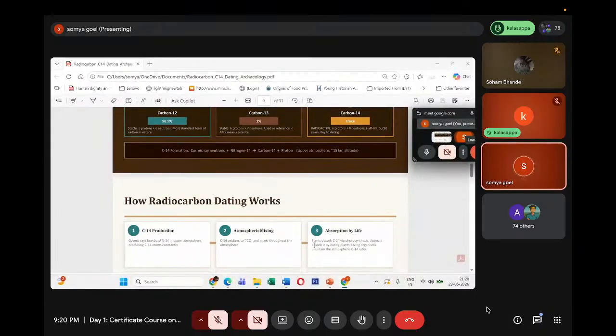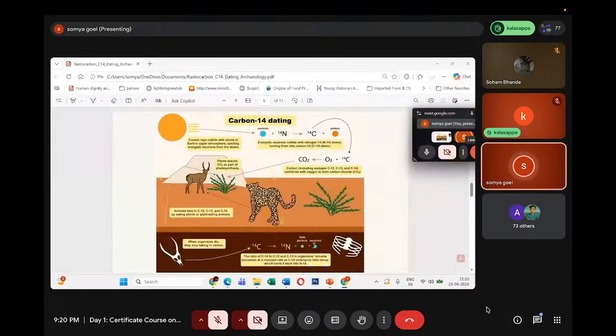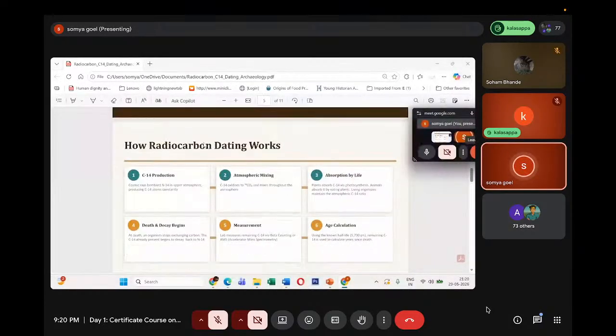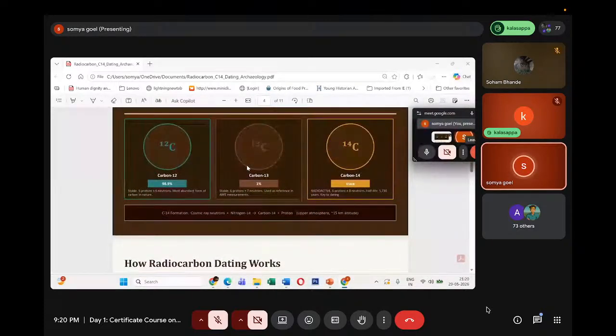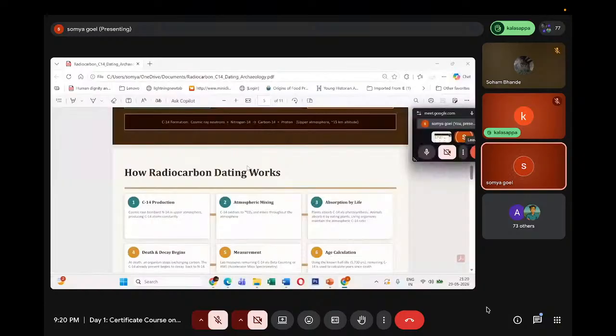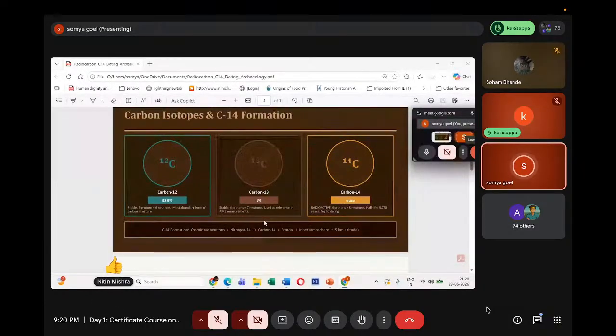So, I have a graph over here. Before that, we'll also talk about the different steps involved in this, just to elaborate a little on what I've told you so far. The carbon 14 oxidizes, and while it is there in the atmosphere as carbon dioxide, the plants absorb it through photosynthesis. The animals eat these plants, and hence they also get this carbon 14 in their bodies.